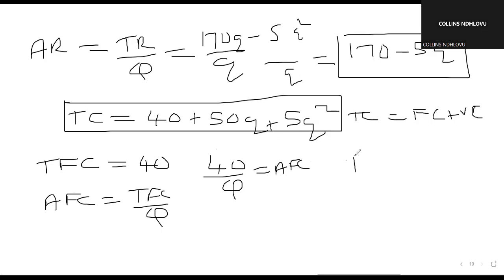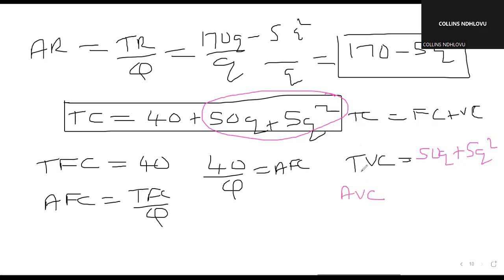Conversely, our total variable cost is simply the part which has letters throughout. We just identify it. This is what? 50Q plus 5Q squared. But to make it average, we just change this T to an A by dividing the total variable cost over quantity.